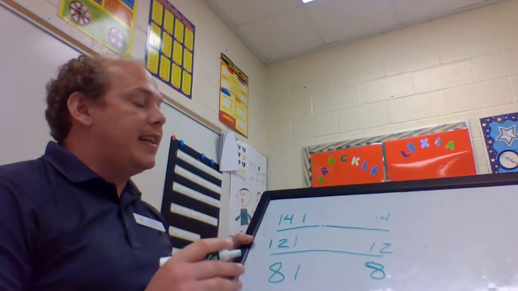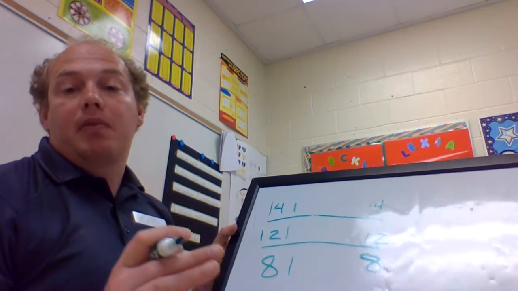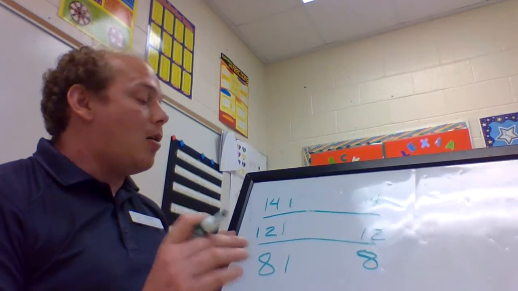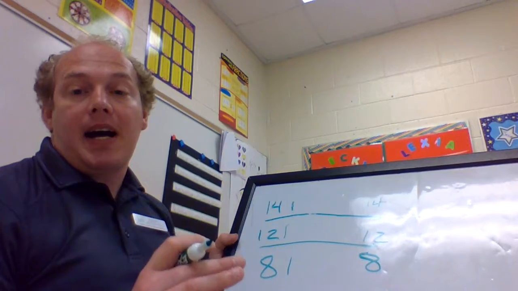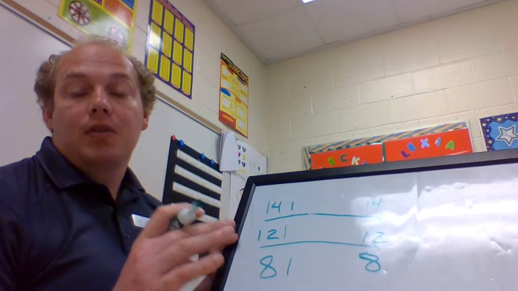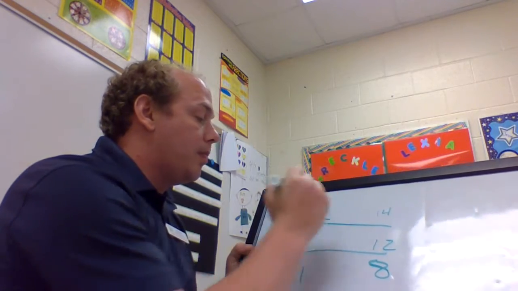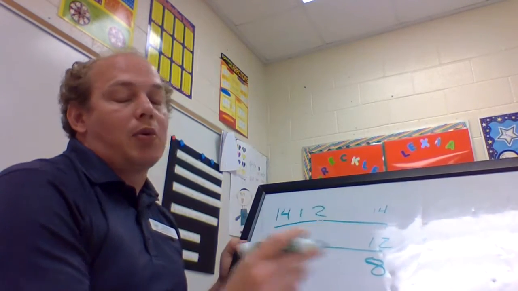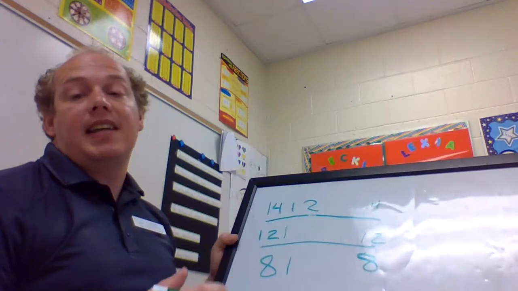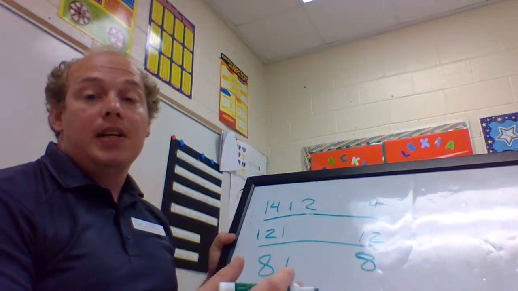Alright, so now we're going to list the other factors. 14's even, and if you remember from our last video, all even numbers can be divided by 2. So 2 times what is 14? Or another way to say that is 14 divided by 2 is what?